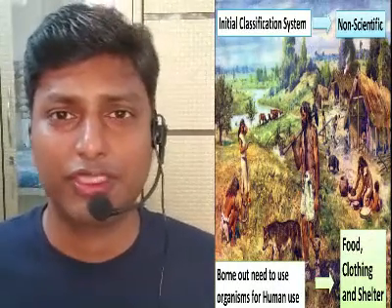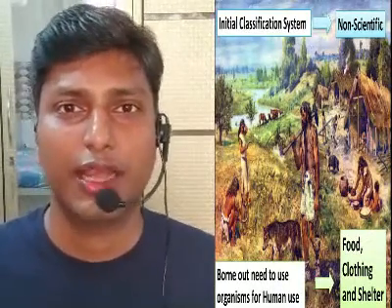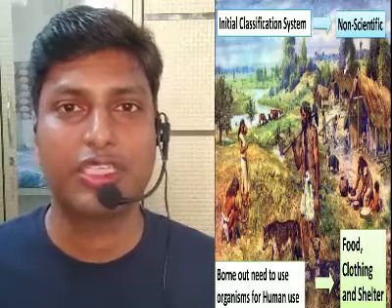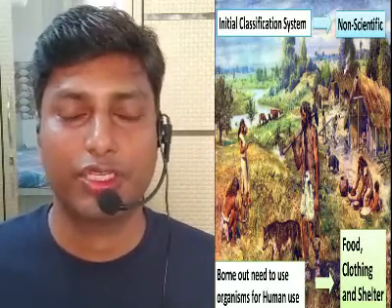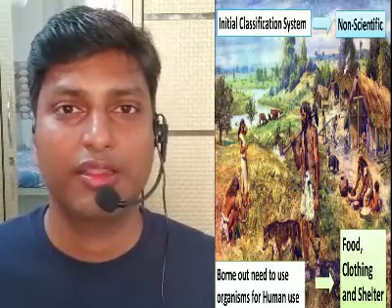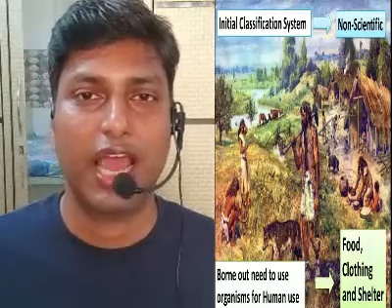Now dear students, after that the first scientific attempt at classification was done by a very famous scientist. His name was Aristotle. We all know that he is also known as the father of biology. Aristotle classified plants and animals both, but that was a very simple type of classification.